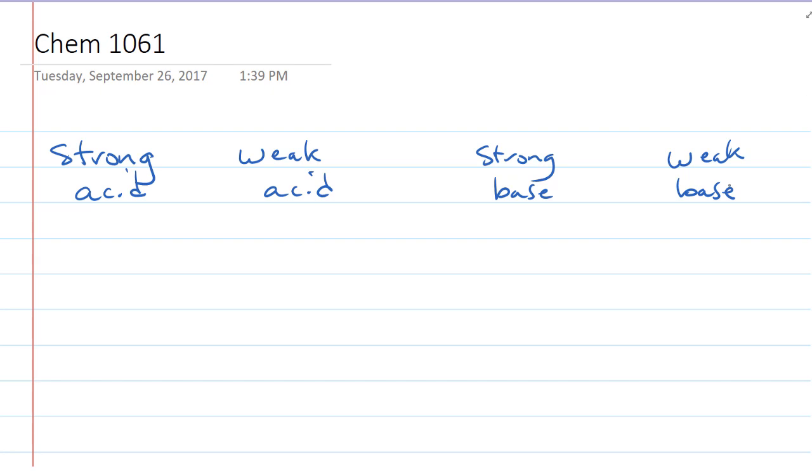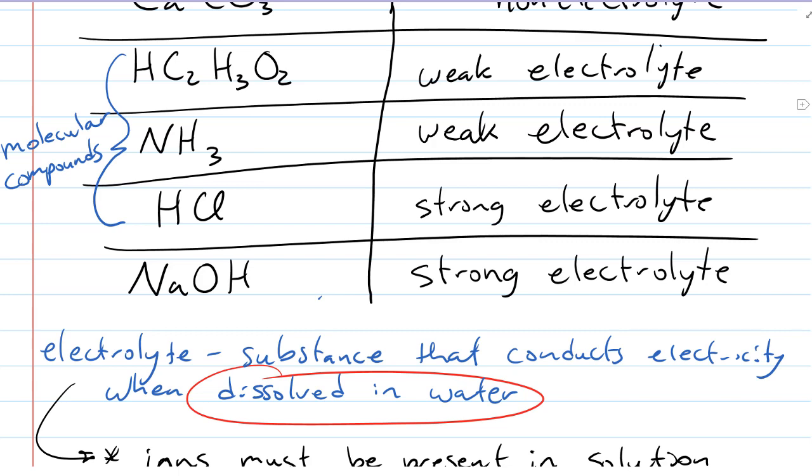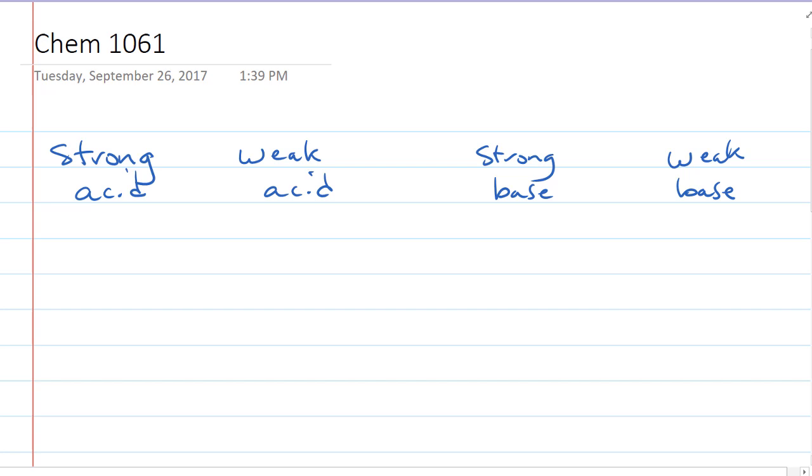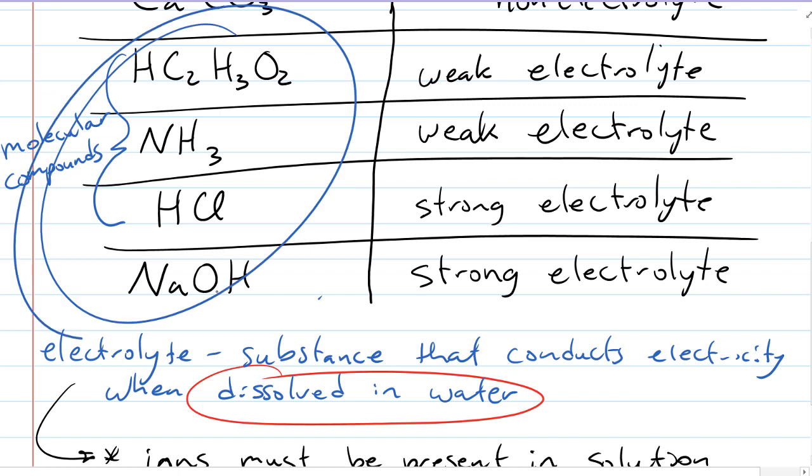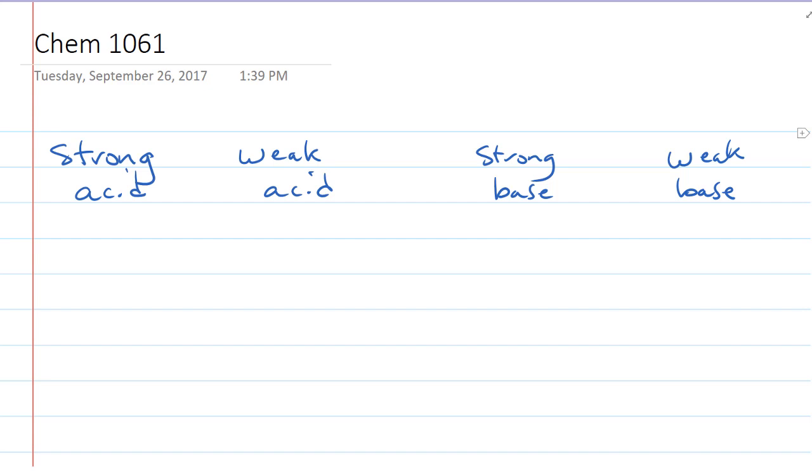So based on that, of the four substances we looked at here at the end, let's go ahead and classify them into their proper categories. Which one of these is a strong acid? HCl.